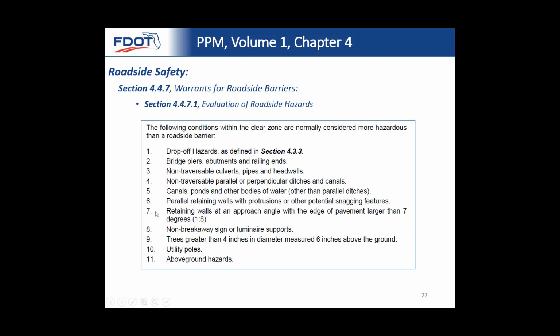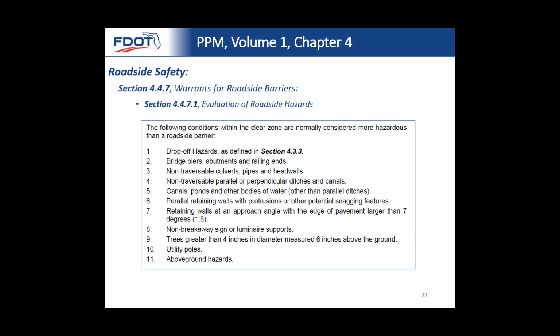None of this information really changed from the previous chapter 4, but when you're trying to evaluate how to justify placing a barrier, we have these elements included within the chapter that are those conditions that we consider to be more hazardous than a roadside barrier, because you always have to think about, when you're evaluating putting a barrier in place, that although there are crash-worthy standards for these types of barrier options, they do constitute a hazard in and of themselves.